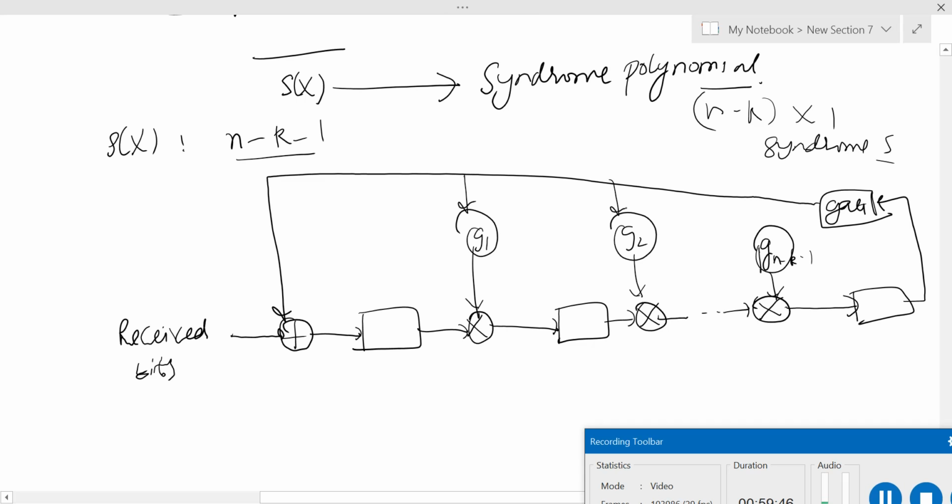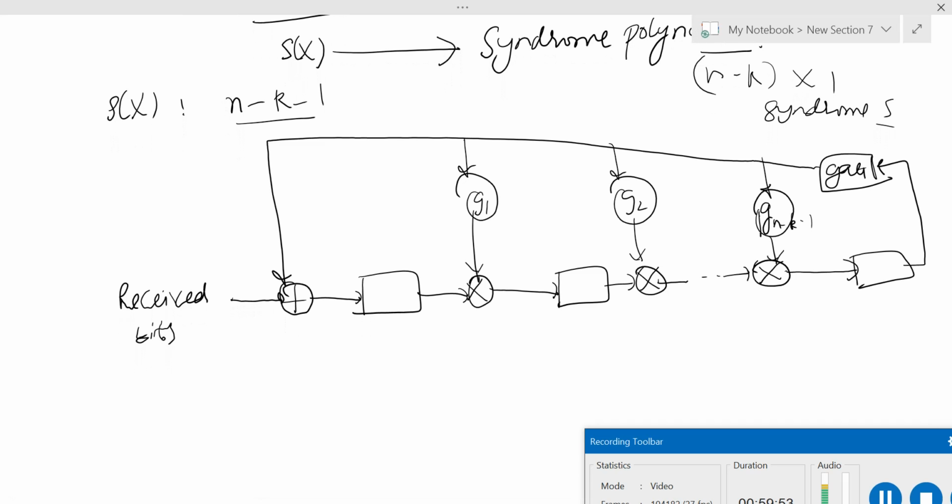So the output of the last stage of the flip-flops will be the syndrome. After shifting all the bits, that will be the syndrome.